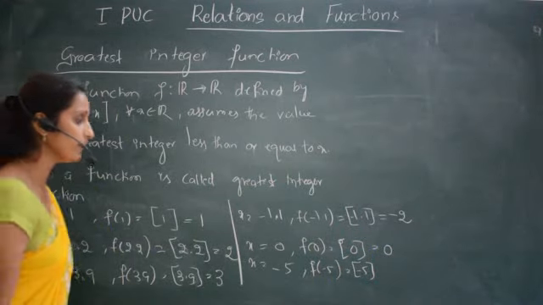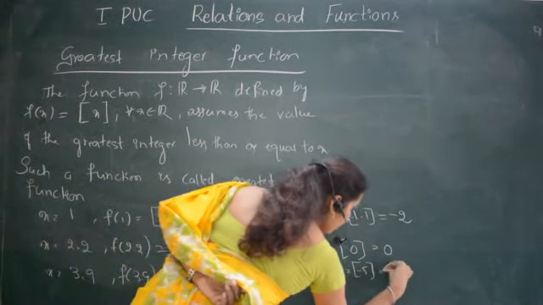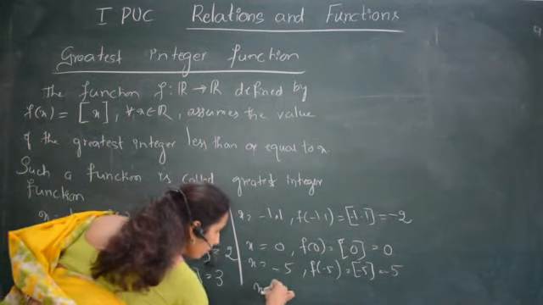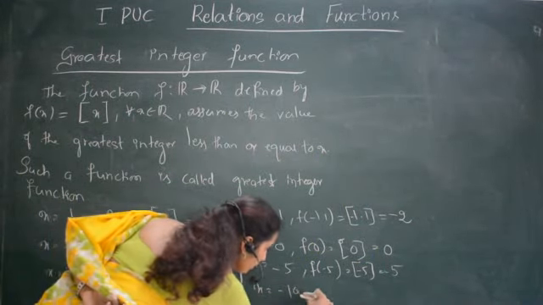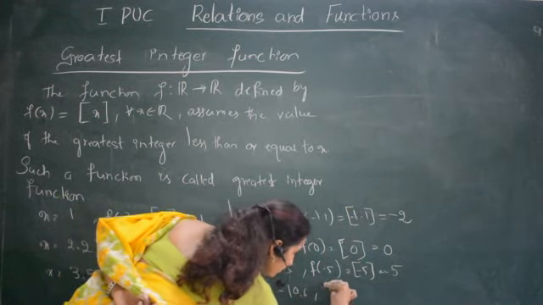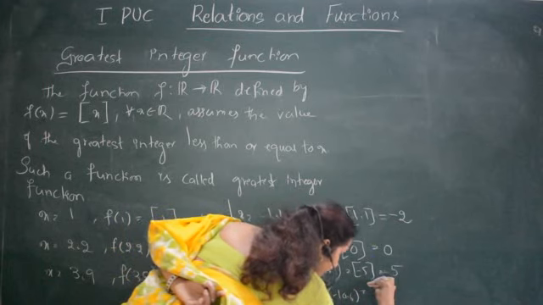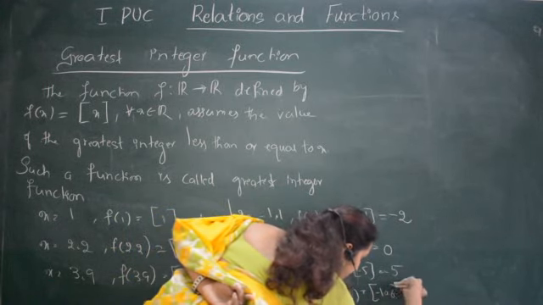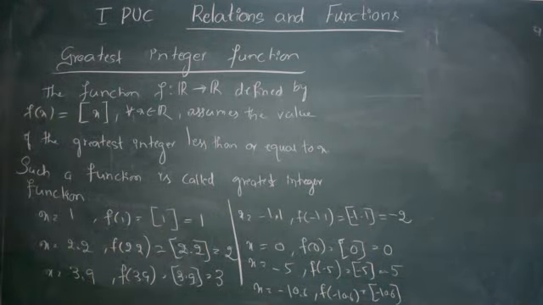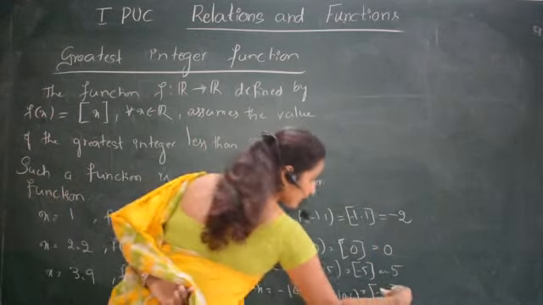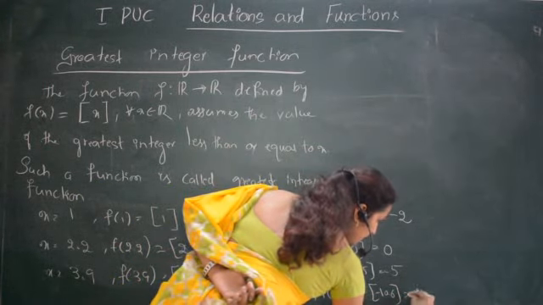Minus 5 is an integer, so the answer is minus 5. If I take x equal to minus 10.6, f of minus 10.6 is [minus 10.6]. Minus 10.6 is not an integer, so the answer is the integer less than that, which is minus 11.